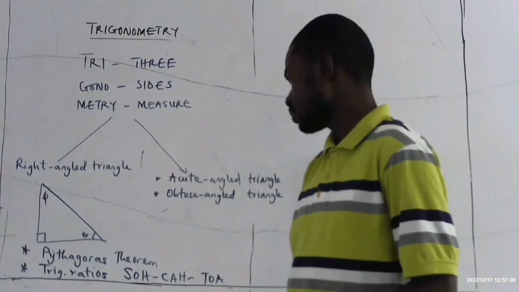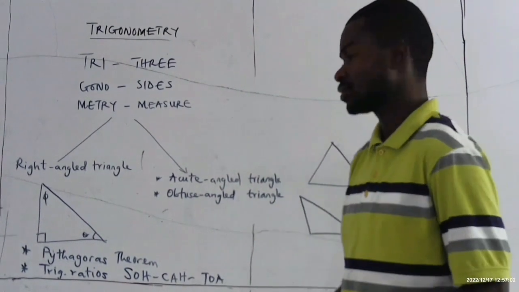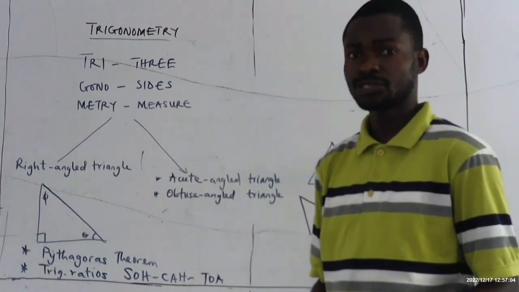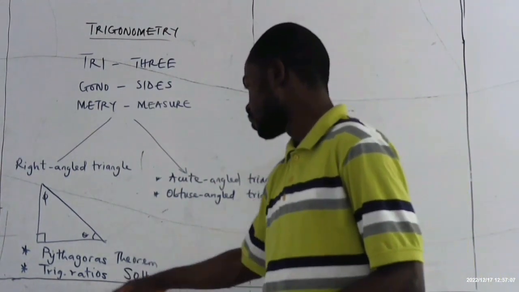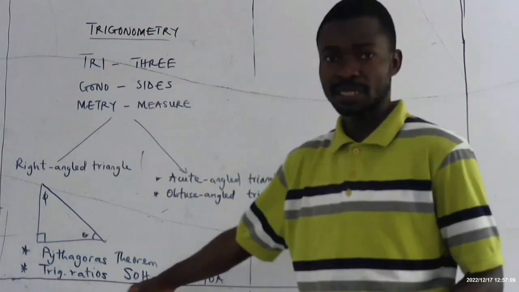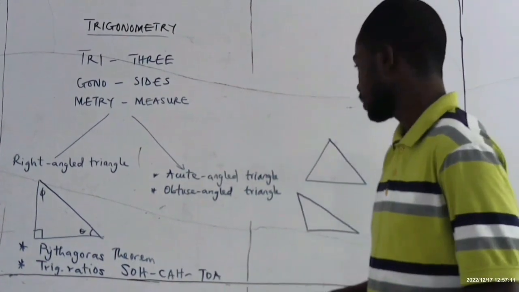And if you are given sides and need to find angles, or you are given an angle and need to find sides, we make use of the trig ratios, which is SOHCAHTOA. I'll explain this in the course of the study.